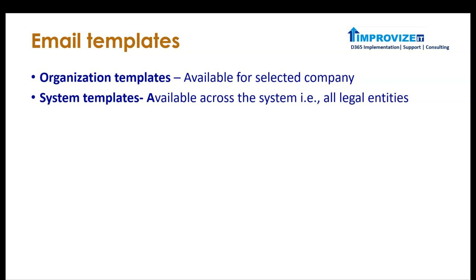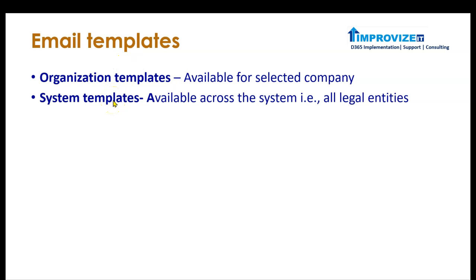In the email templates, there are two types of email templates we have. One is organization templates and the other one is system templates. Organization templates are available for a selected company. If you create templates in the form called organization templates, those templates are available only in the company in which you created them.